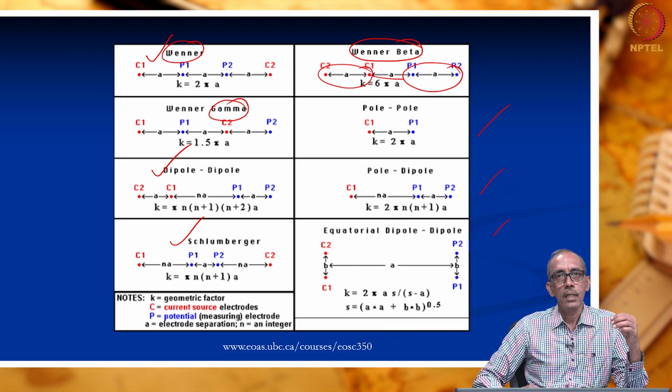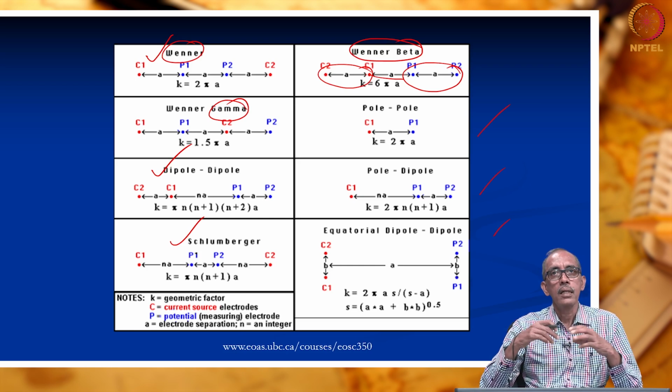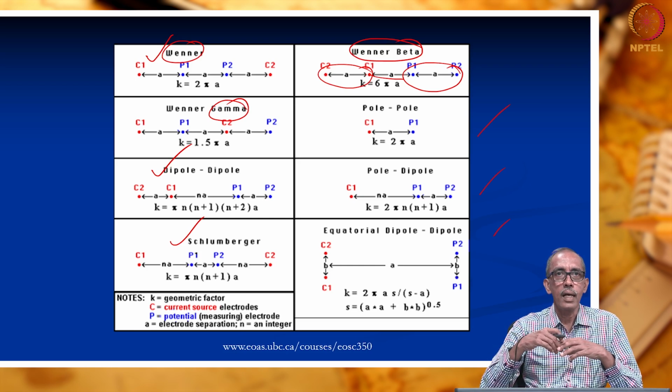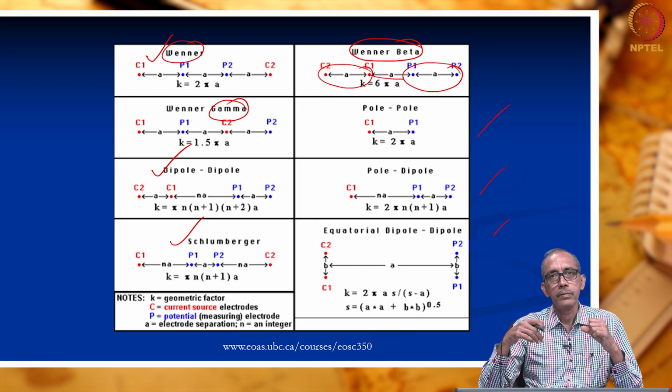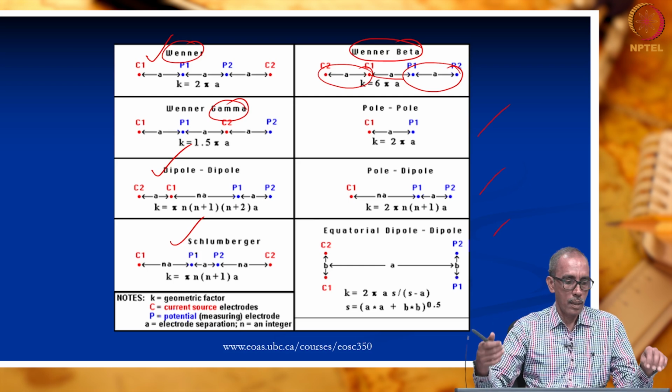Then we had also seen what are the different methods of electrode arrangements, how different electrode arrangements are used, and accordingly what are the electrode arrangement values K, which is the constant. Then we had also briefly looked into this particular slide some variants of Wenner method as well as pole and dipole method. Thank you so much.